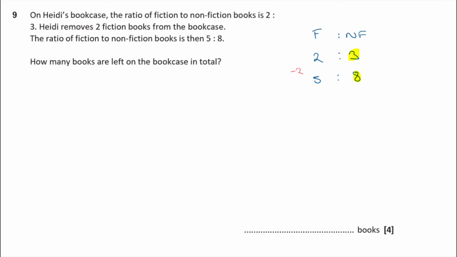So what I'm going to do is re-express each one of those ratios with a compatible number on the end. So 3 and 8 both go into 24, don't they? So if I times this up by a factor of 8, 2 to 3 is the same thing as the ratio of 16 to 24.